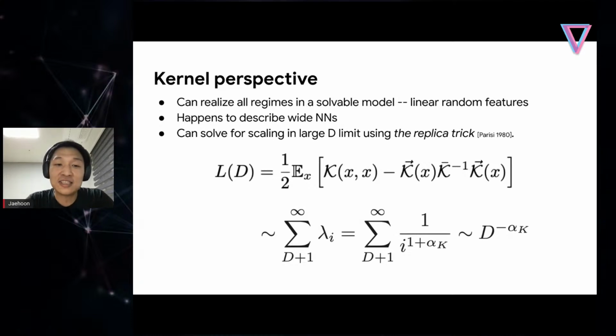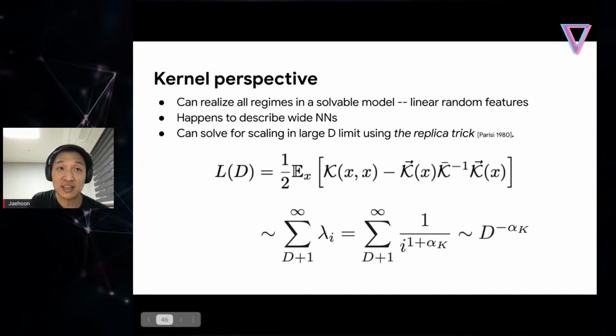If we make this ansatz for the kernel spectrum, then we can use it to compute the large D dependence of the test loss, either by using the replica trick from statistical physics, or sometimes even more simply by making the further assumption that the kernel spectrum exponents are large.